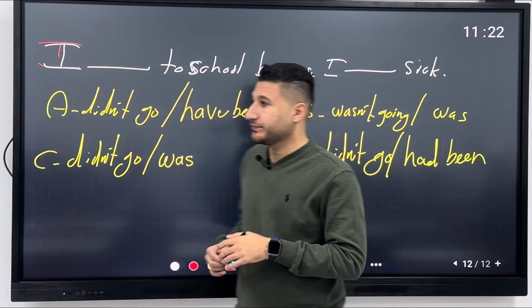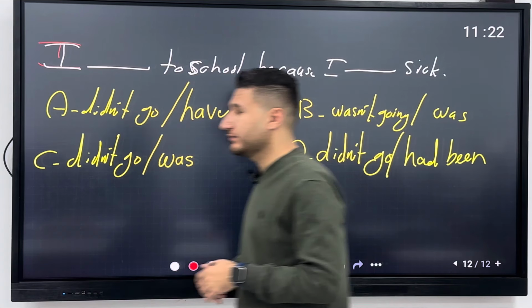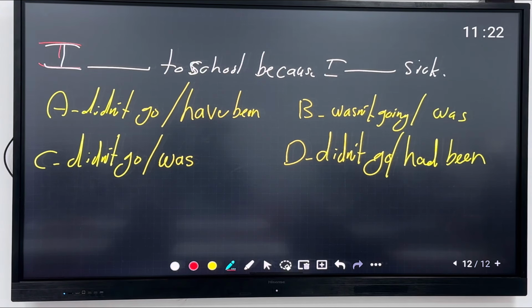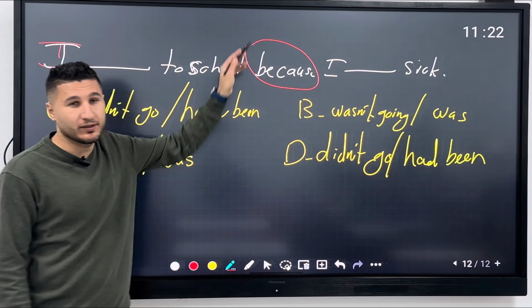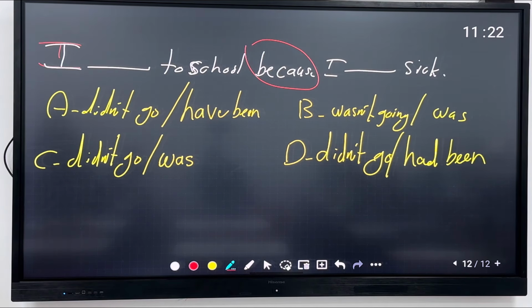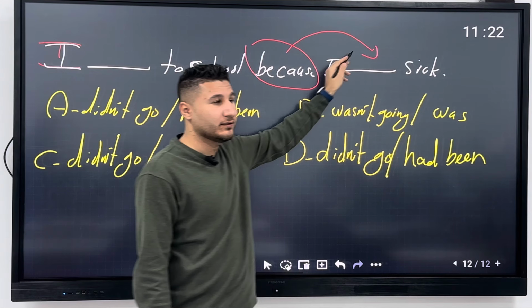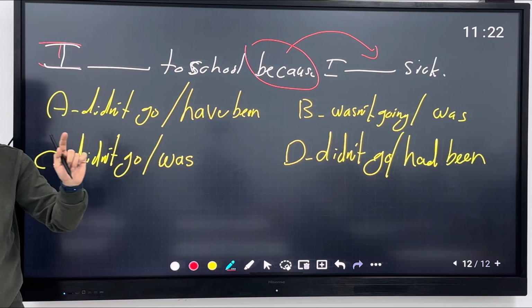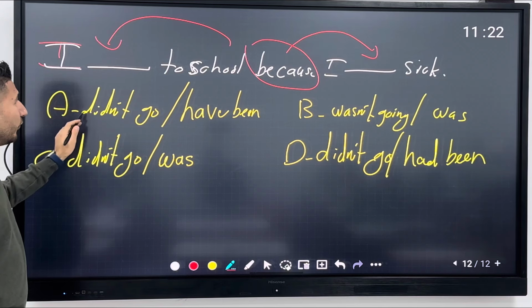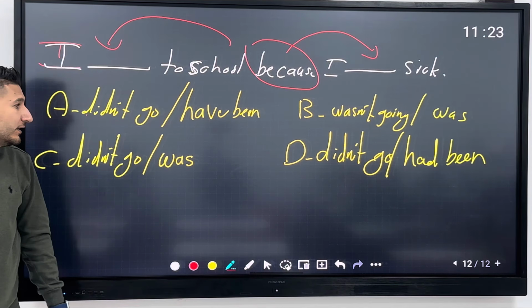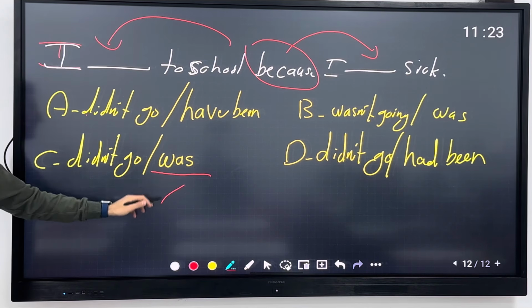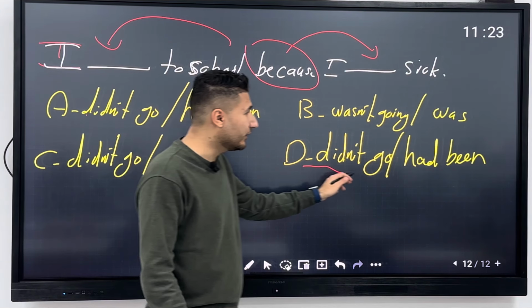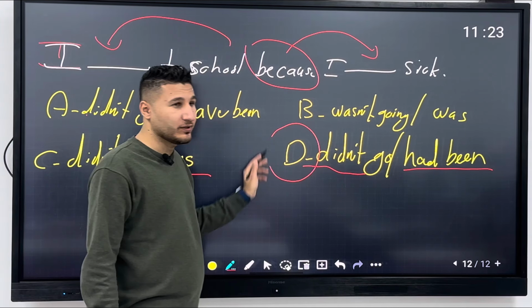Let's go one by one. Okay, because here we have because. So because links 2 sentences, and it is followed by past perfect, and then here past simple. Which one is the correct past simple, past perfect? C. Is this past perfect? So which one is past simple? Didn't go, had been. Then we will choose D.